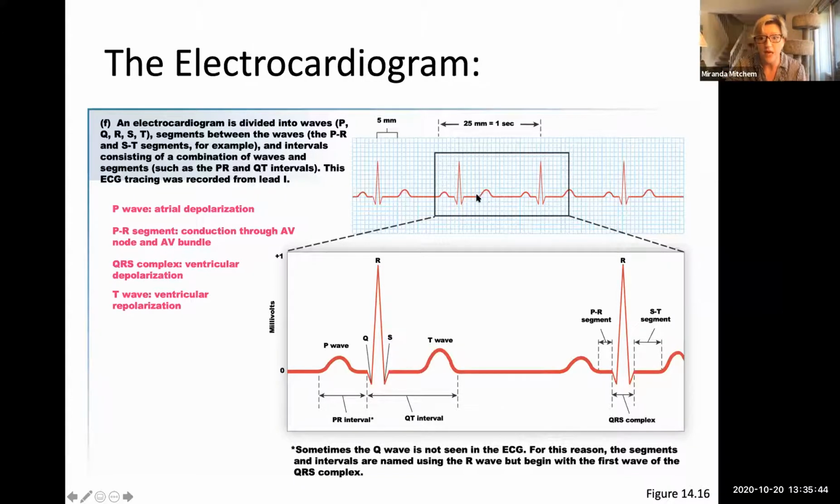When we were looking at our nervous system, a depolarization always went up, where a hyperpolarization always went to a lower membrane potential. We can't say that simply here, because there's overlap between the atria depolarizing and then repolarizing, and then the ventricle doing the same.